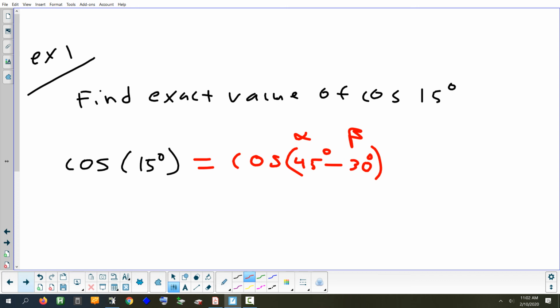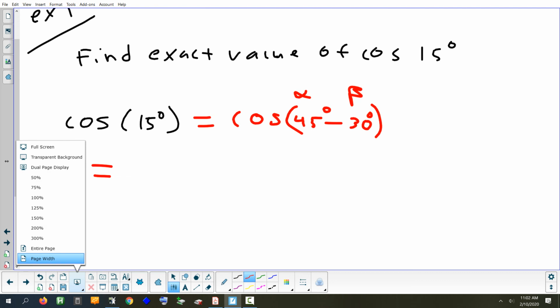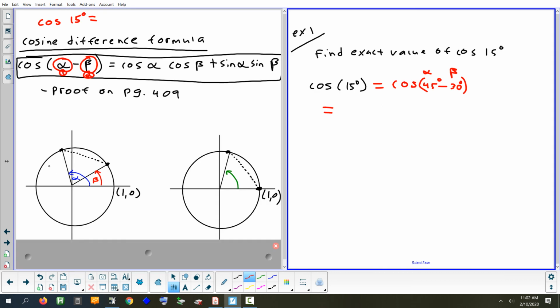All right. So let's write it out using our formula. Let's see if we can go like this. So it's cosine first, cosine second. Cosine of the first, cosine of the second, plus sine of the first, sine of the second. Sine 45, sine 30.